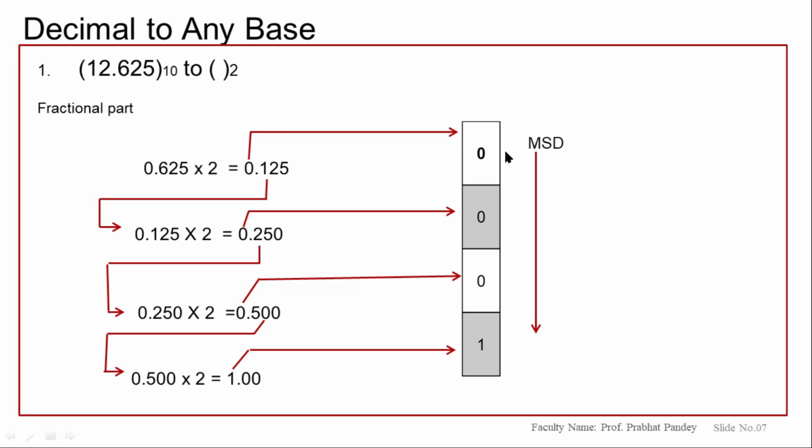So now the most significant digit is the first one and the least significant digit is the last one. So we need to write the answer together with the integer part result and the fractional part both. So this will be the result. These are the three types only we need to remember for the number conversions. Thank you.